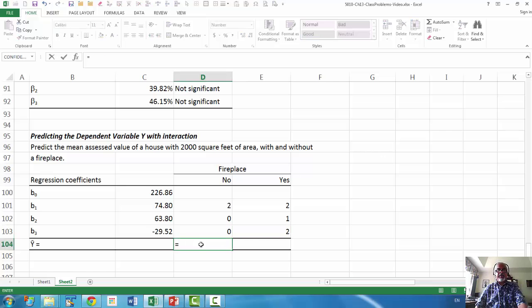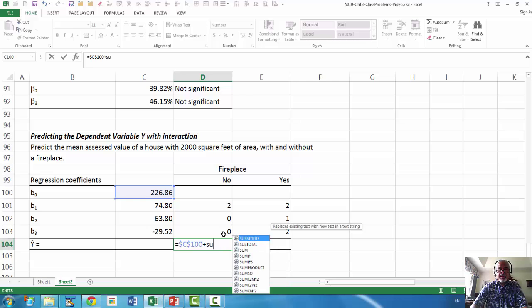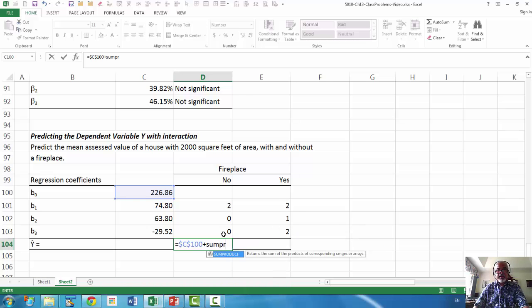Now y hat is b sub 0, absolute reference that, plus, we want to multiply these three coefficients with these three x values and add them up. So we can use the function sumproduct to accomplish that instead of going pair by pair, which can be cumbersome.